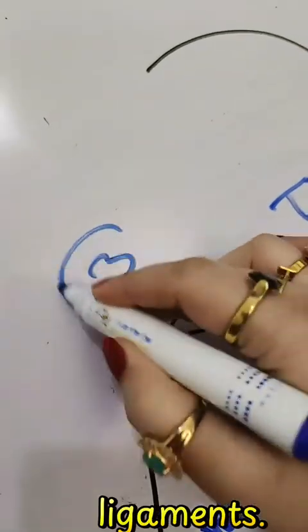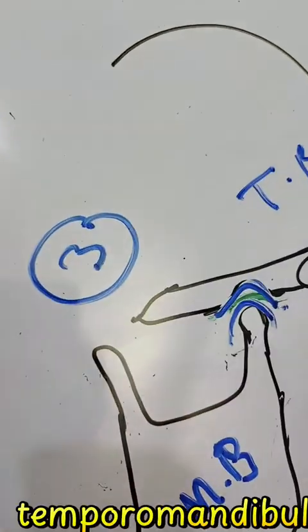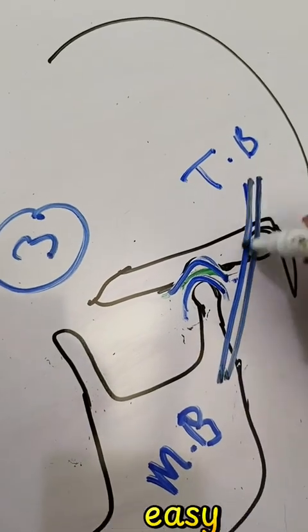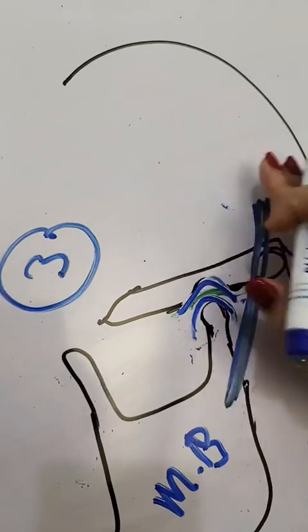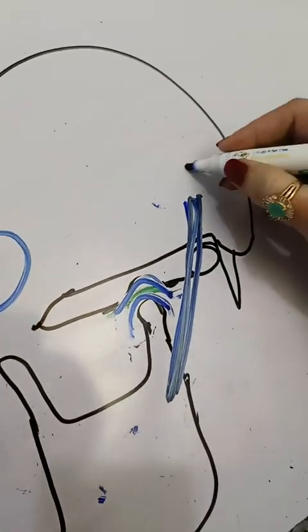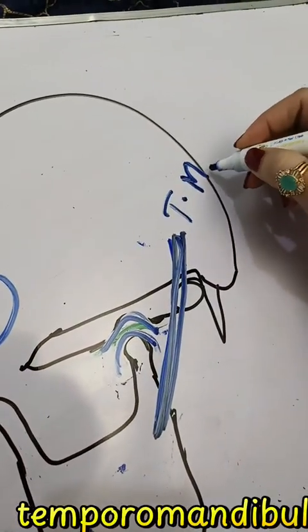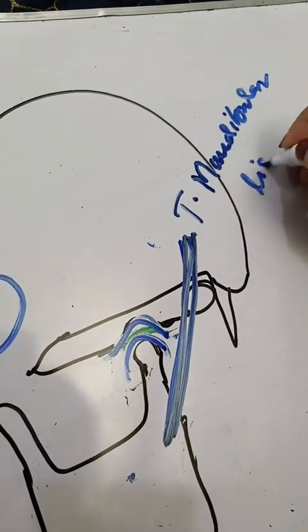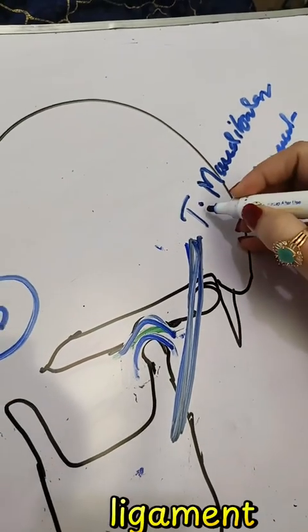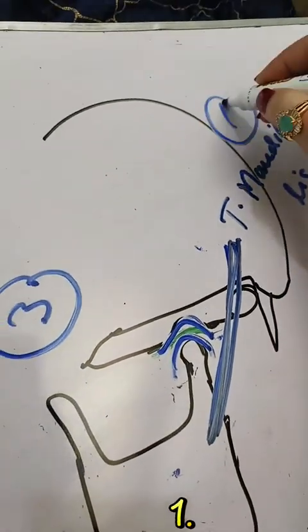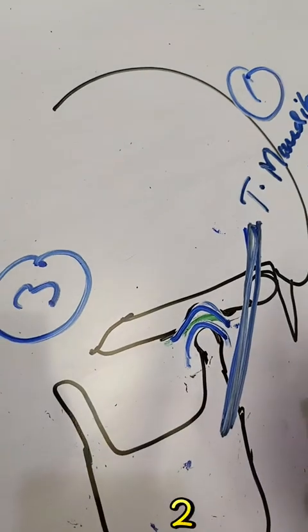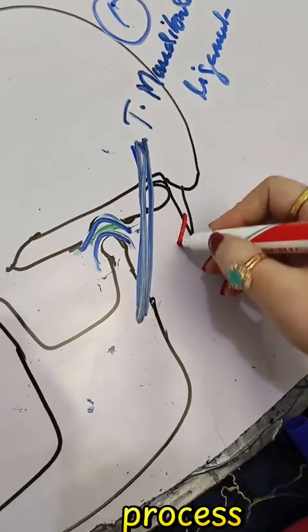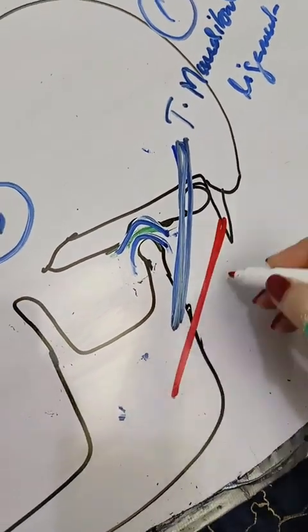Now 3 ligaments. Number 1 is the temporomandibular ligament. Number 2 is the stylomandibular ligament. It's from the styloid process to the mandible.